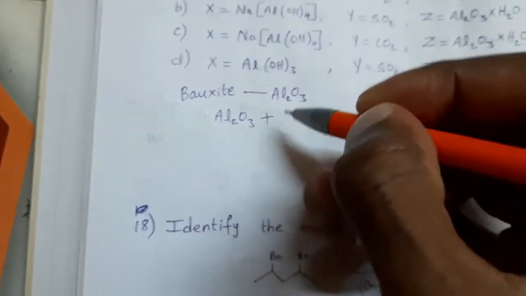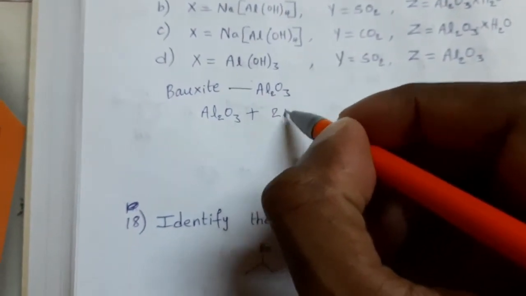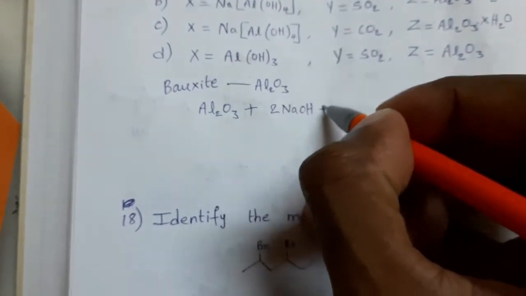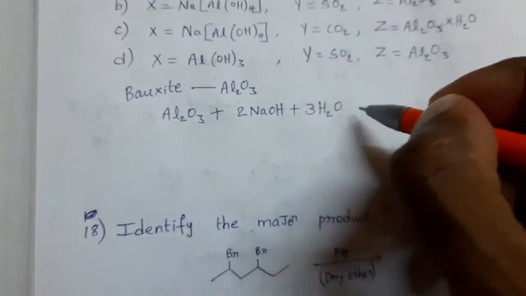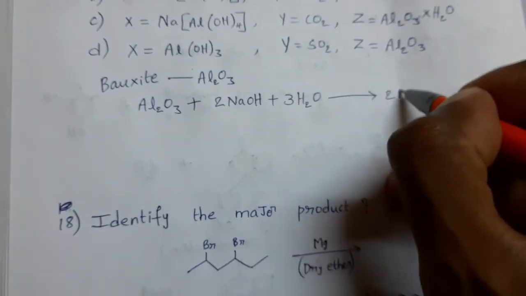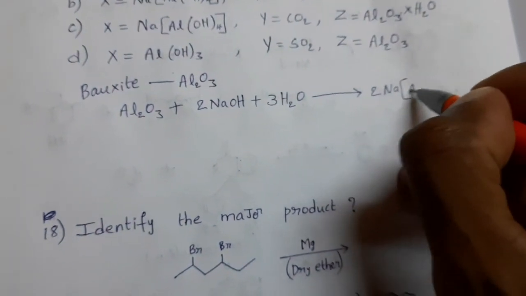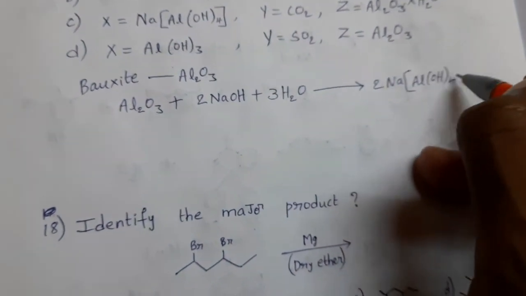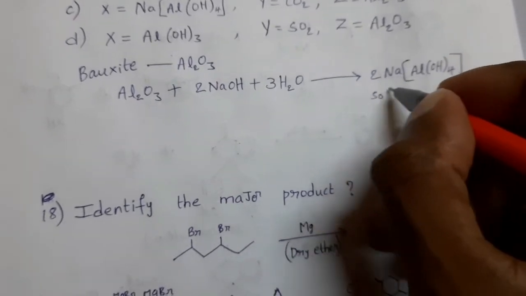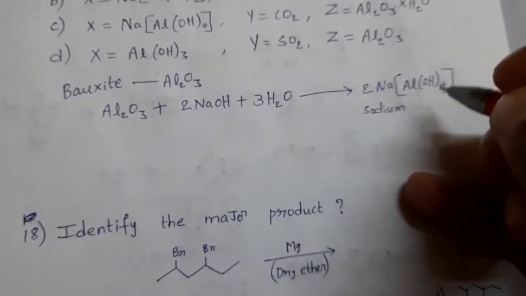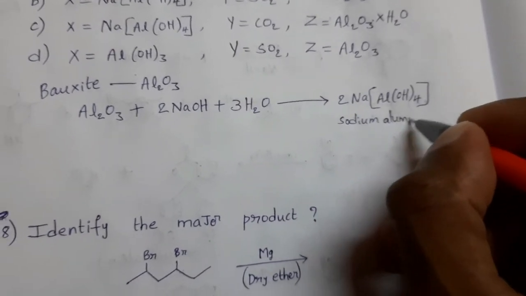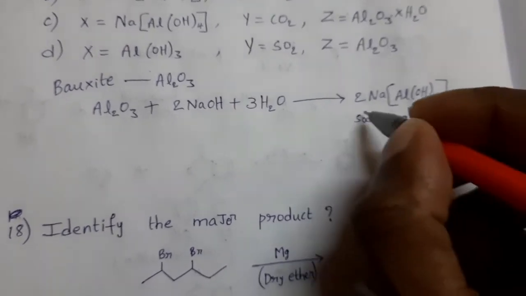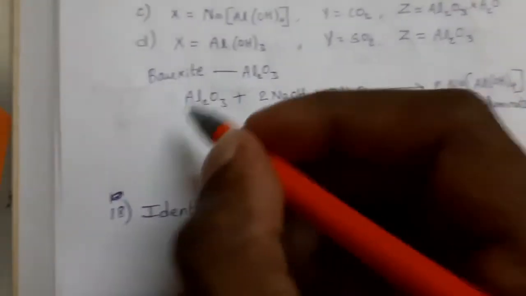Al2O3 plus 2NaOH plus 3H2O gives rise to 2Na[Al(OH)4]. This is sodium aluminate. So this is X.